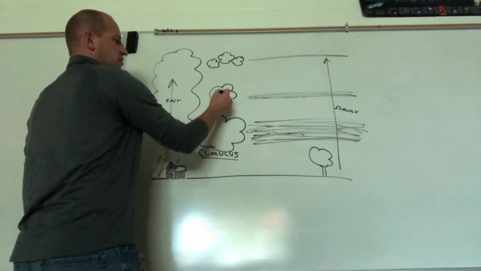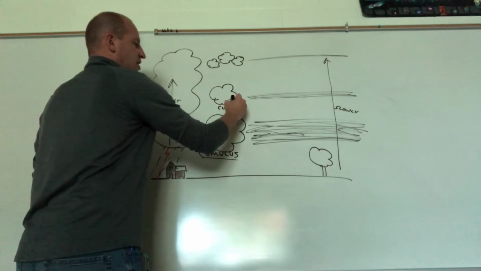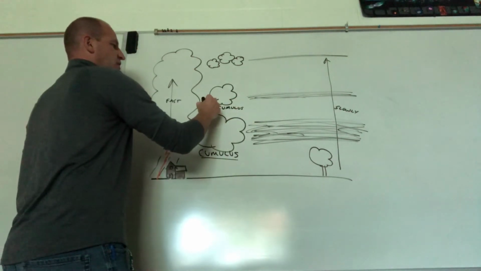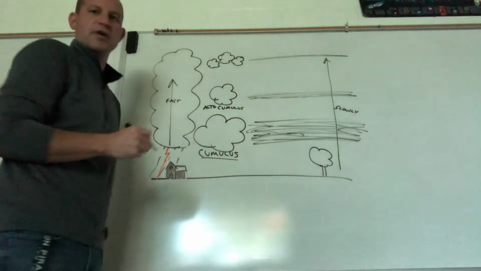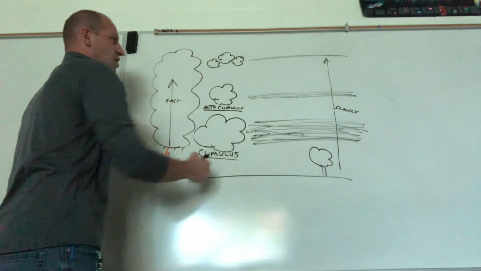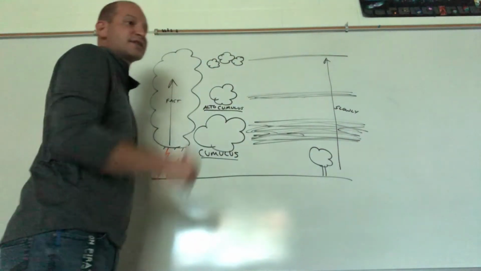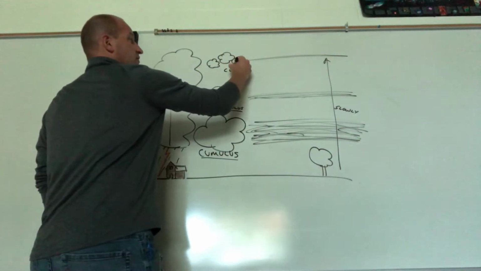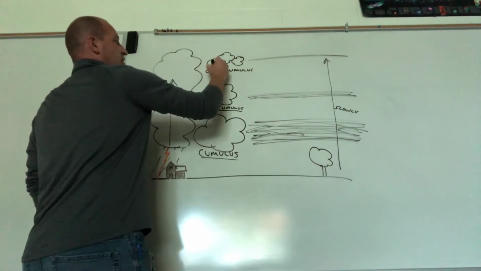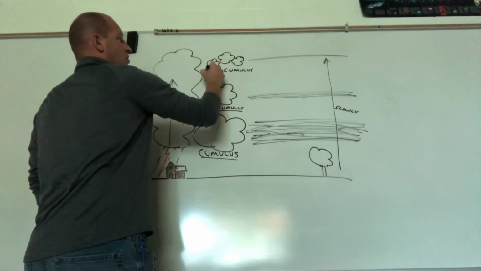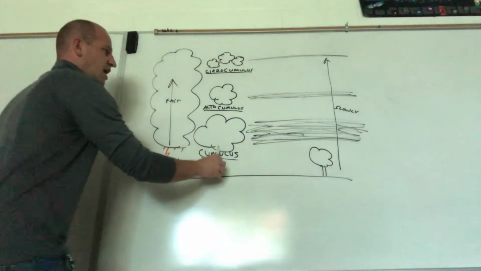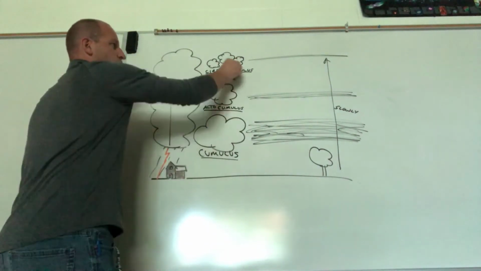For example, this one's puffy, so it's still going to say cumulus, but since it's in the middle of the atmosphere, it's called alto, A-L-T-O, altocumulus. Now what happens when it forms way up high? It's still puffy, so it's still going to say cumulus, but now it's going to say C-I-R-R-O, cirrocumulus. What I want you to notice is the commonality here. They're all types of cumulus clouds.